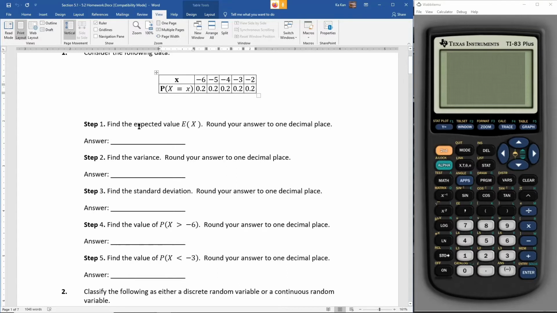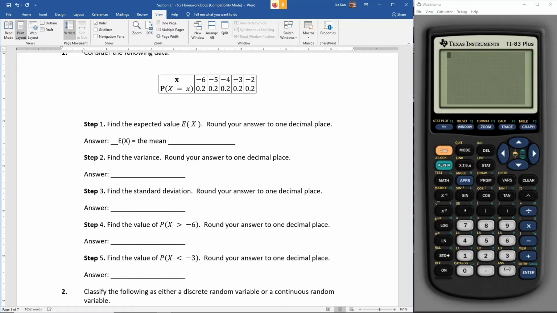So what is the expected value, E of x? And you're like, what does that mean? You just gotta understand this. E of x is simply the mean. In our case, it's the weighted mean.